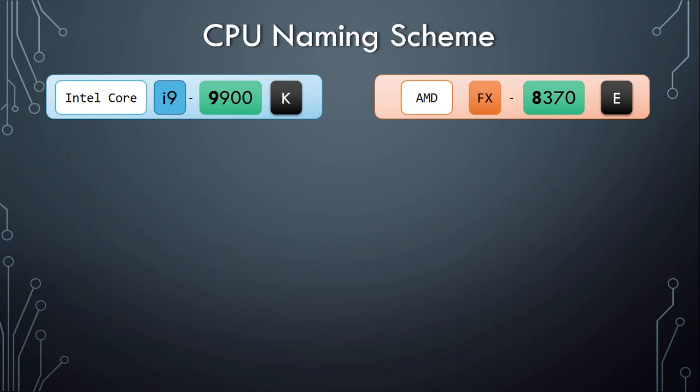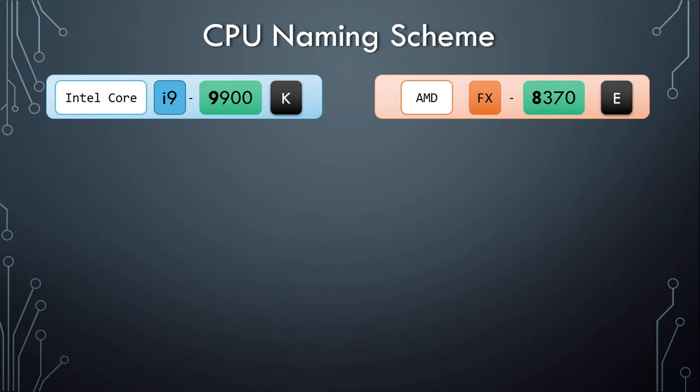Let us talk about the Intel naming convention. Intel Core is the brand name, and i9 is the series name, and there is a 4-digit sequence, that is 9900.